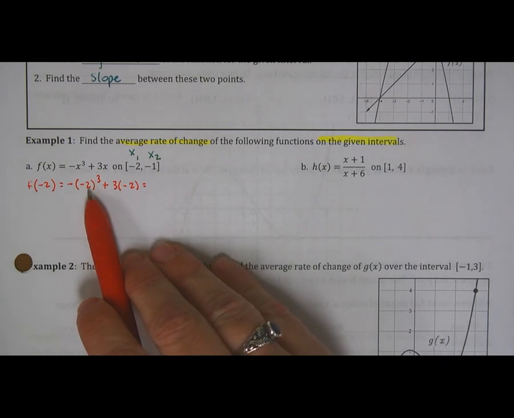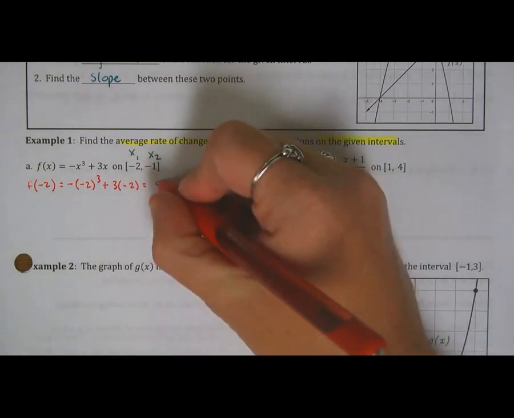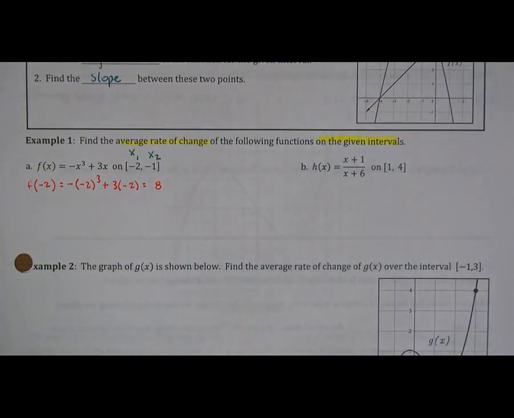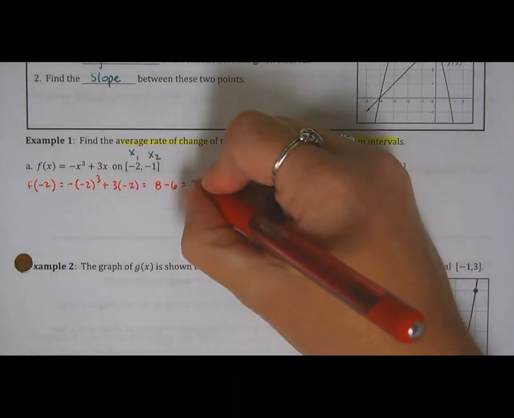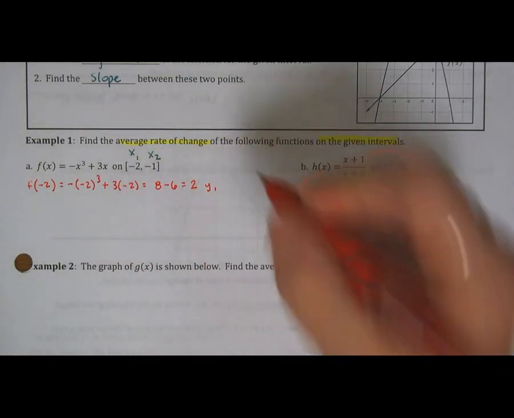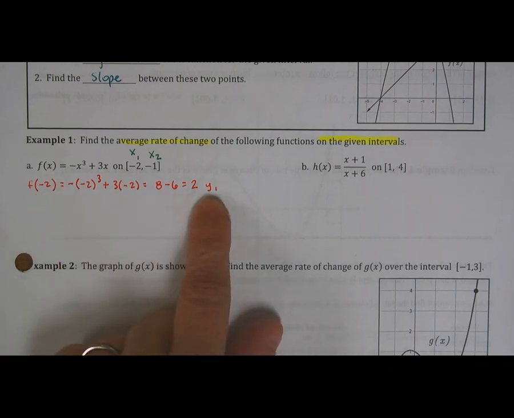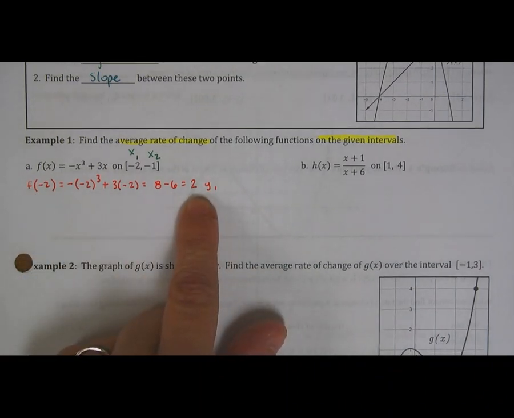That's negative 8, and then we're going to have to change the sign on that, so that's positive 8. And then 3 times negative 2 is negative 6. And 8 take away 6 is 2. That's what you're going to treat as your y1 value. I plugged in my x1 value, that's my input. I got out my y1 value of 2, that's the output.